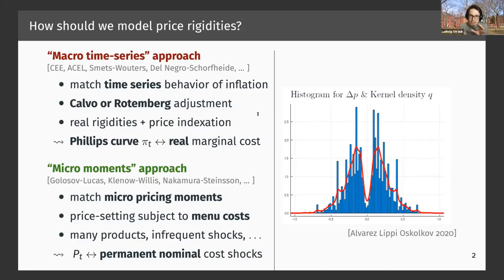The standard experiment in these models is that we feed in a permanent nominal cost shock, and we figure out what the price level and output responses are. So it's a permanent nominal shock, relative to a general real marginal cost shock.